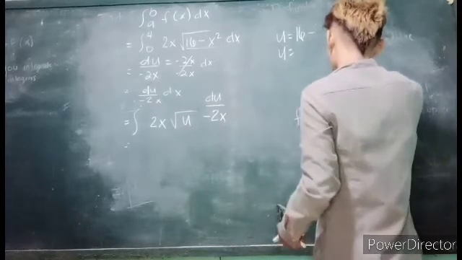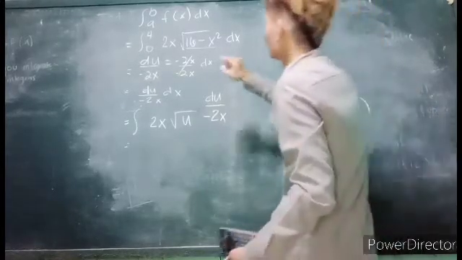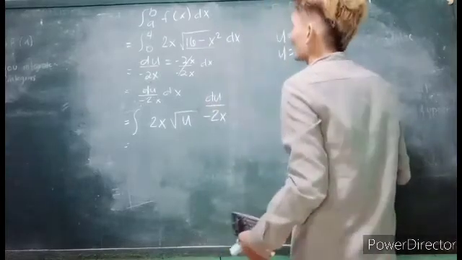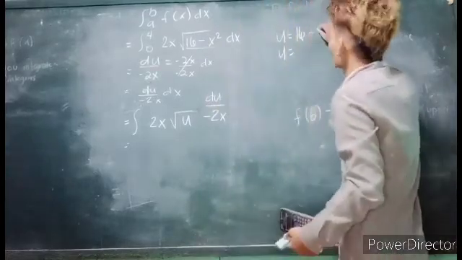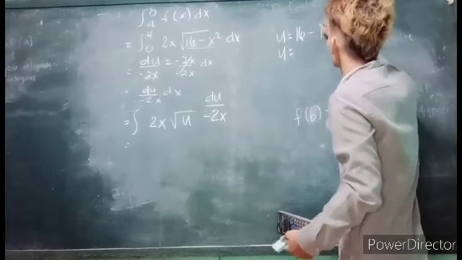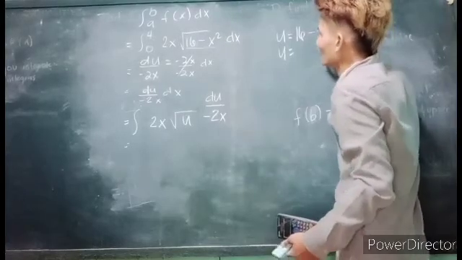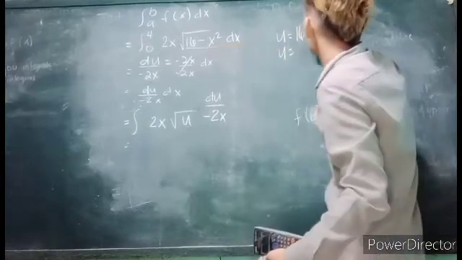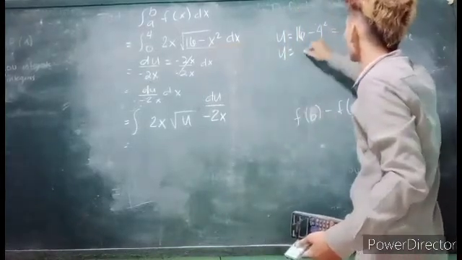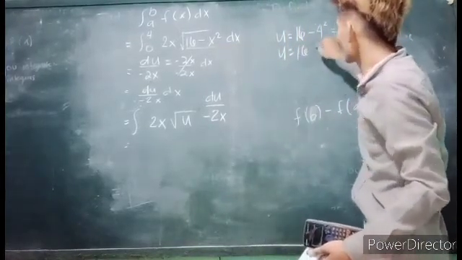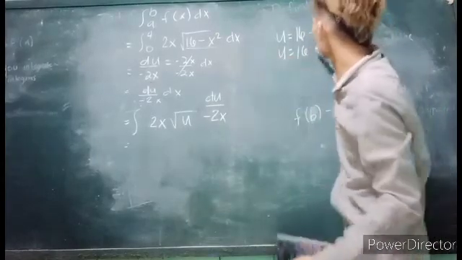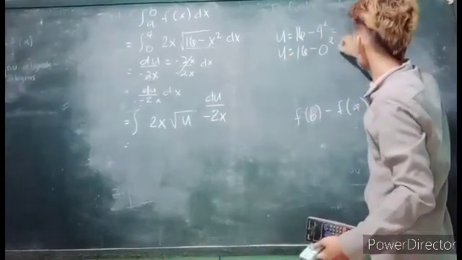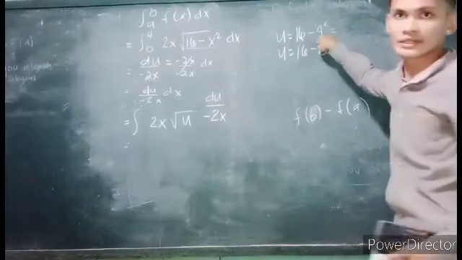So here our x squared is 4 times 4, 16. What is our a? 0.